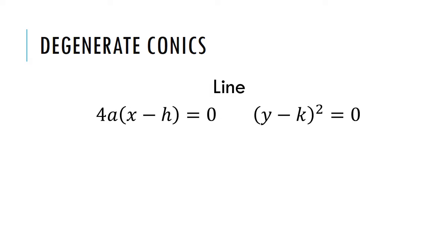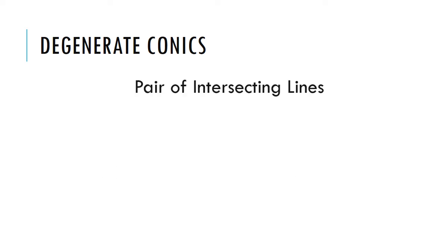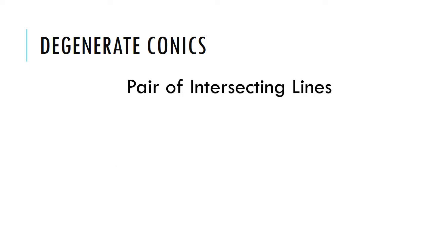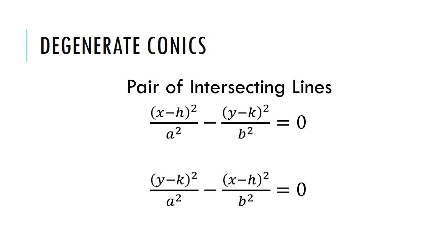It represents a line if either side of the standard equation for the parabola is 0. And it represents a pair of intersecting lines if the right hand side of the standard equation for a hyperbola is 0. In that way, you can distinguish the degenerate conics from the conic sections themselves.